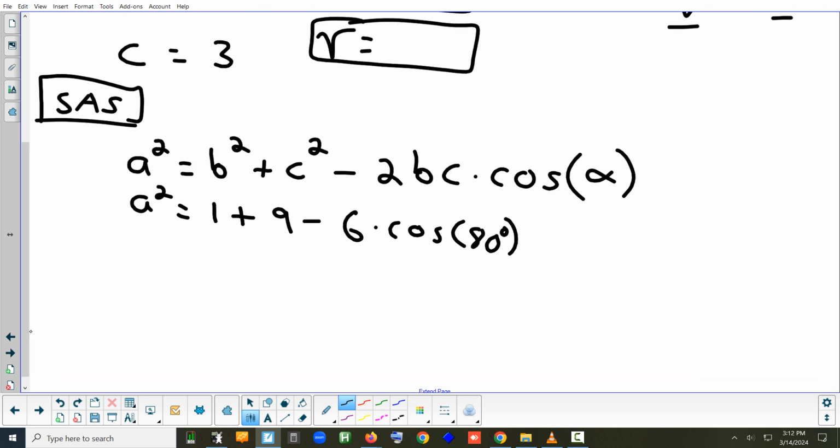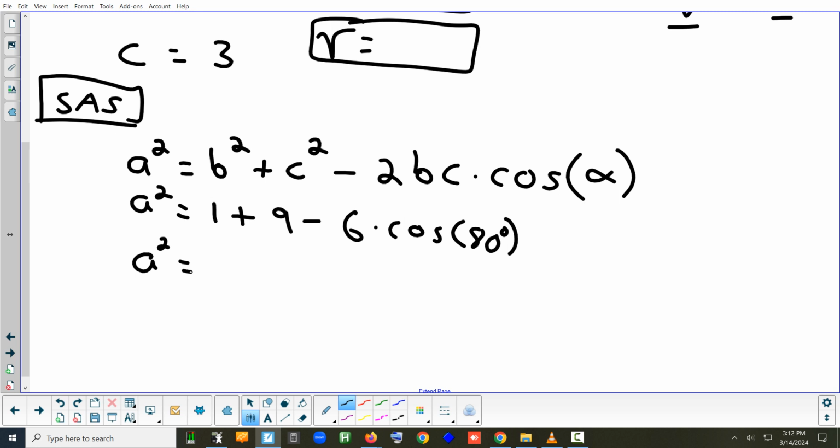What can I do on the right-hand side now? Combine like terms. And what are my like terms? Just 1 and 9, because that 6 would be multiplied. Okay, I got you. Yep.